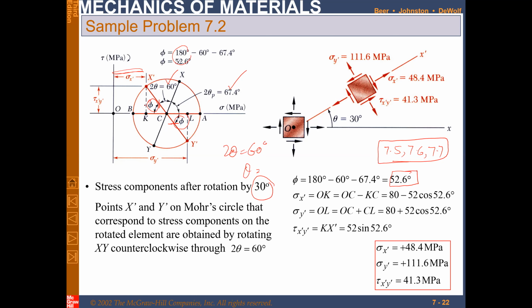And sigma y prime will be this point, because these are the new points now, right? This will be sigma x prime, this will be sigma y prime, and this will be tau xy prime. So you can use trigonometric expressions, or you can use 7.5, 7.6 and 7.7 directly to calculate sigma x prime, sigma y prime, or tau xy prime, and you will end up.